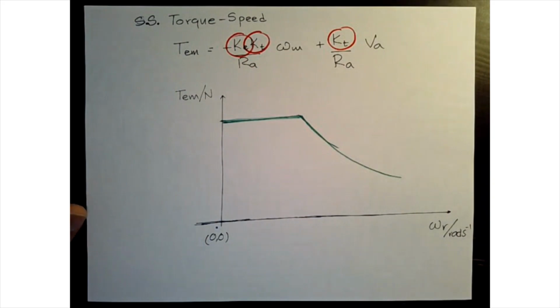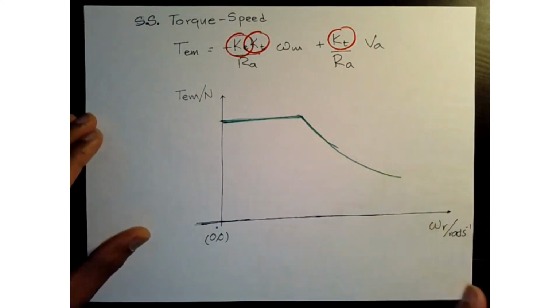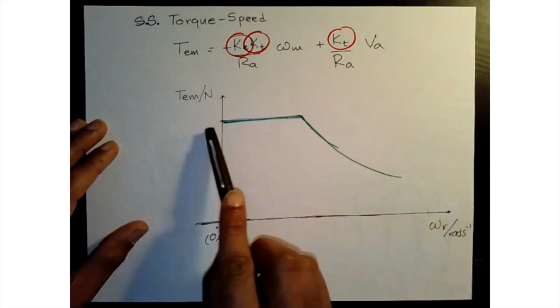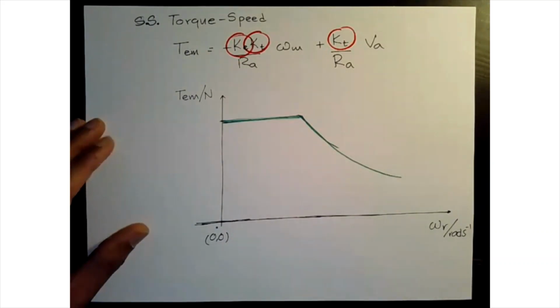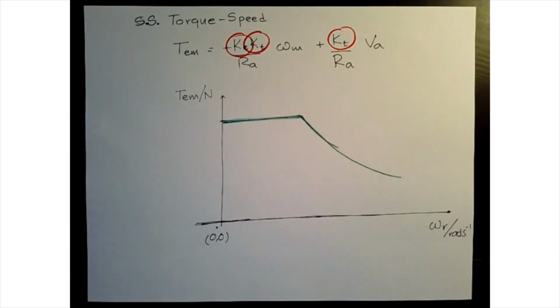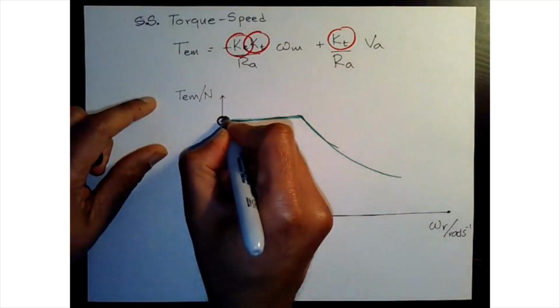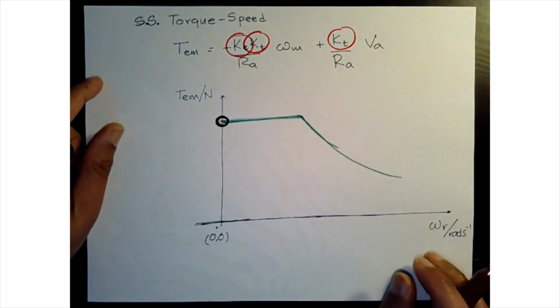So depending on the application, make sure to look at the data sheet and see what it would look like. Now here, can you guys name these operating points? We can talk about a couple of different operating points here. So what did we call that operating point?